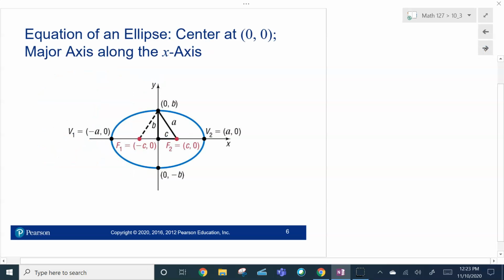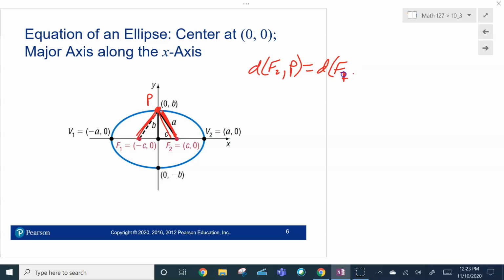Now, another relationship between a, b, and c: let's say we put the point P up here at 0, b. Since we have the center right there at the origin, we know the distance from F2 to P and the distance from F1 to P are the same, right?